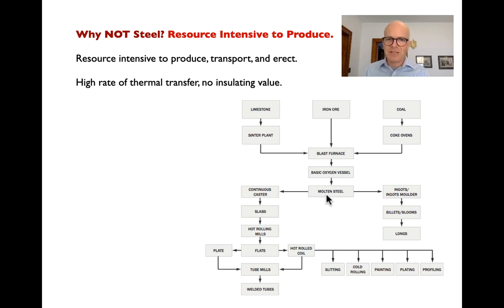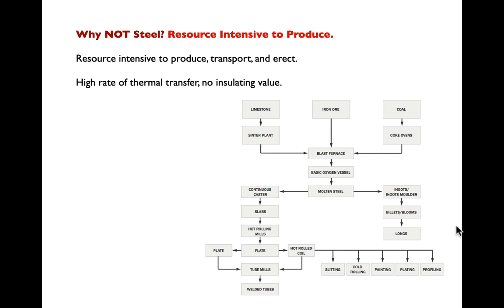Once that molten steel comes out, we need energy, usually electricity, to turn that molten steel into slabs and then to roll it into plates or tubes or W shapes. If we're making sheets or plates out of it, we need additional energy to actually flatten it out. Right? So we're using coal for the blast furnace, and then we're using typically a lot of electricity to drive the machines that actually shape the steel.